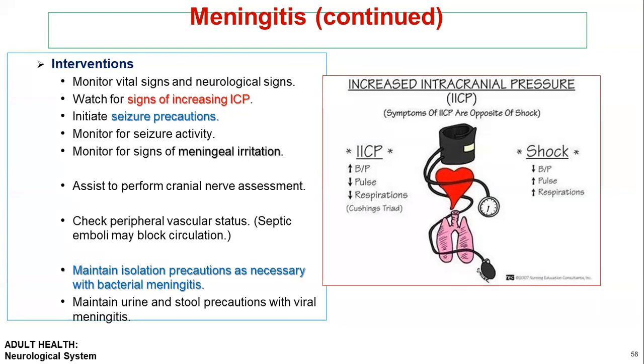When intracranial pressure increases, we can see the patient's blood pressure increase, the pulse will be reduced, the respiratory rate will be reduced, but the temperature will be increased, right? Blood pressure increases, body temperature increases, but pulse rate and respiratory rate reduce.